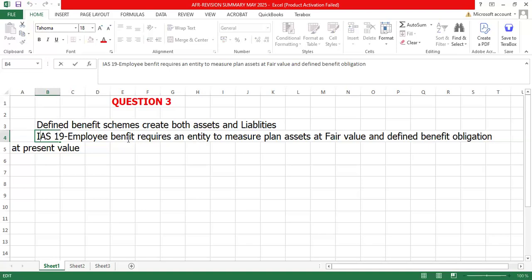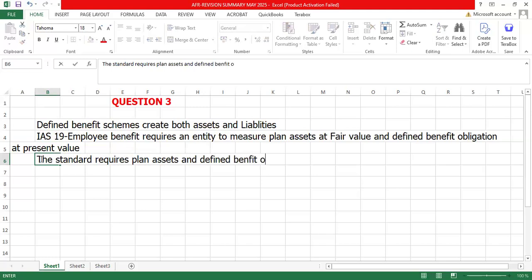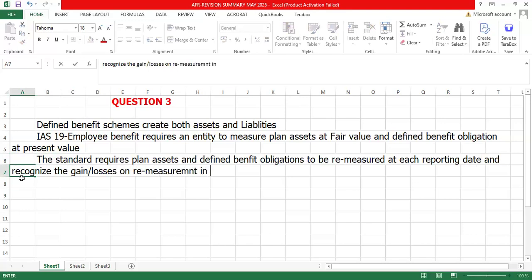From this one, you can also write that the standard requires plan assets and defined benefit obligation to be remeasured at each reporting date, and to recognize the gains or losses on remeasurement in OCI.